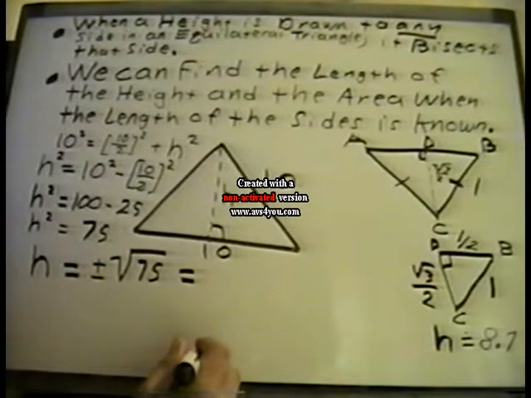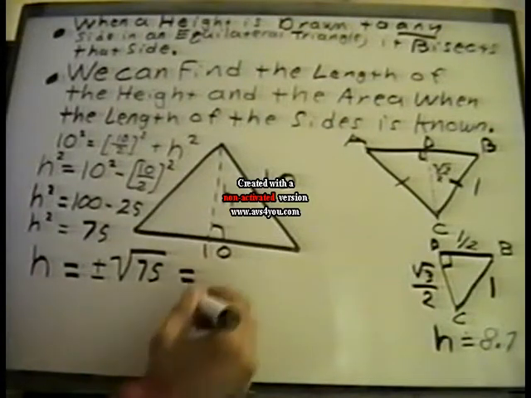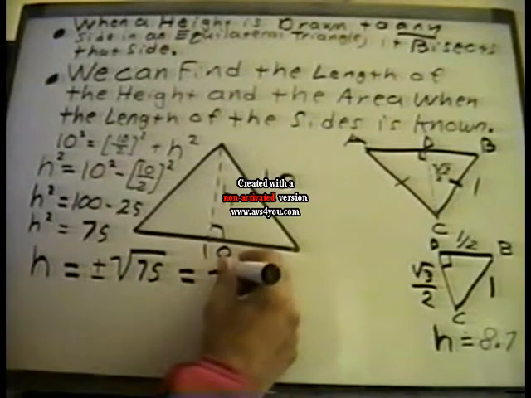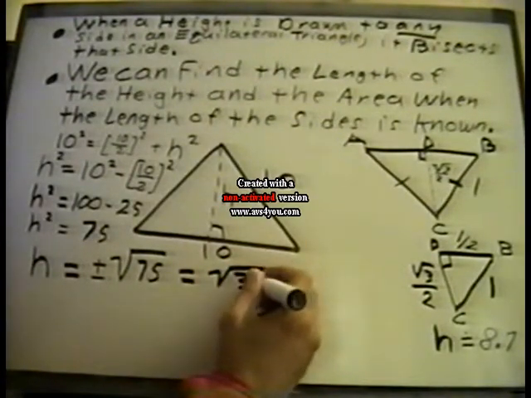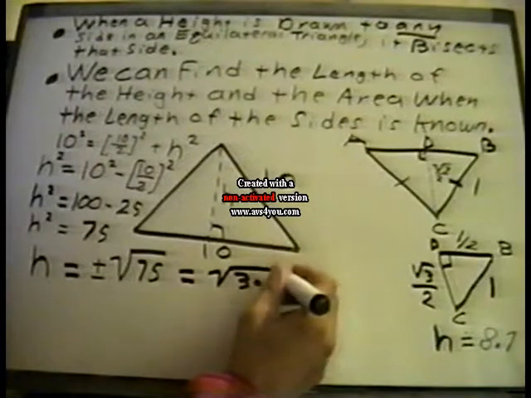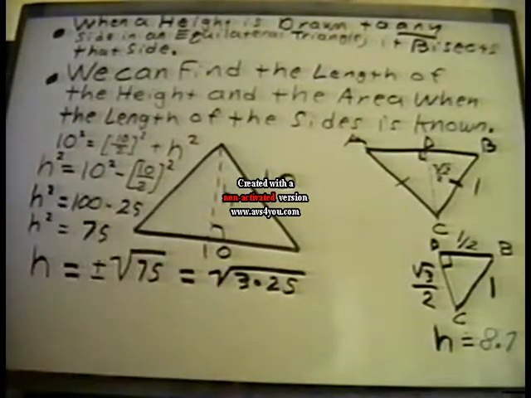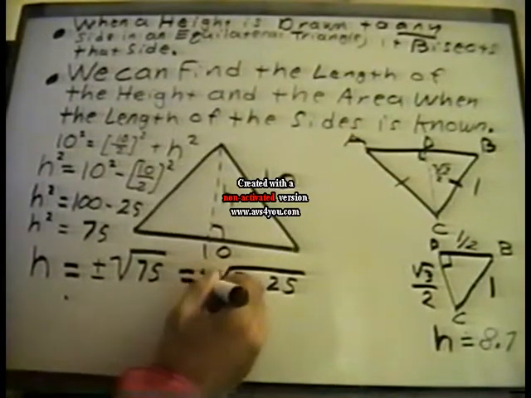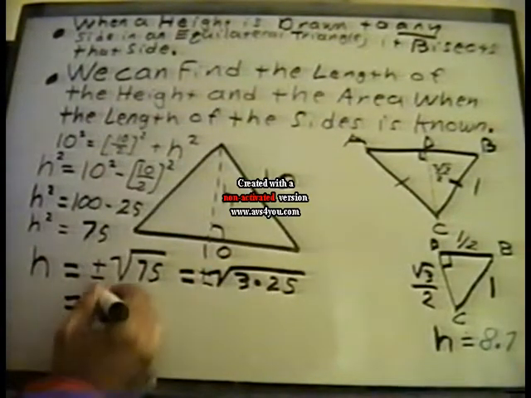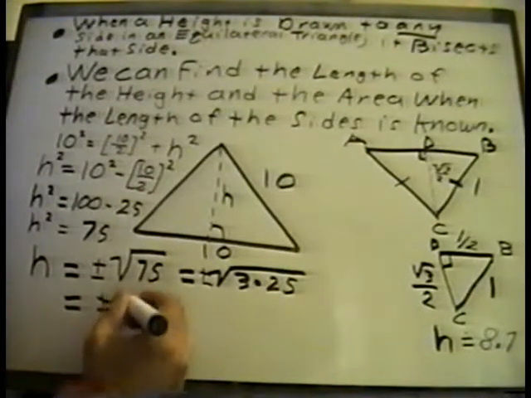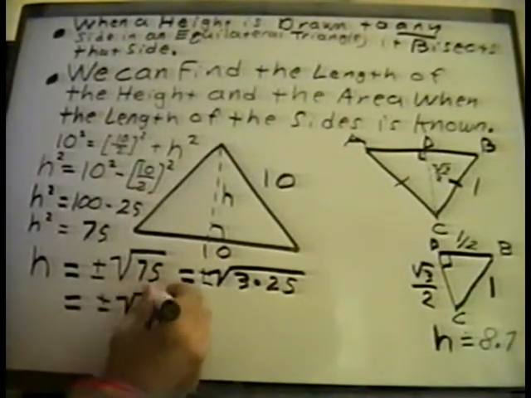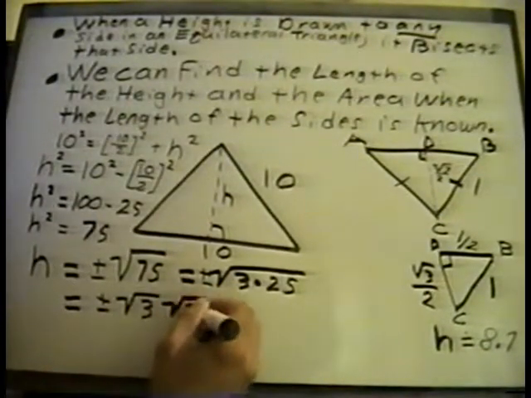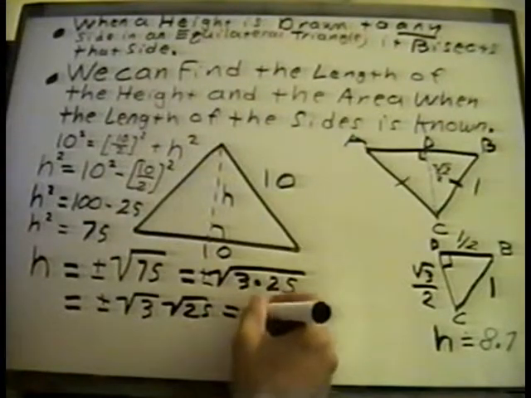Okay, or you could say the square root of 3 by 25, the positive or negative square root, which equals a positive or negative square root of 3 by the square root of 25, which is just going to break down into 5.